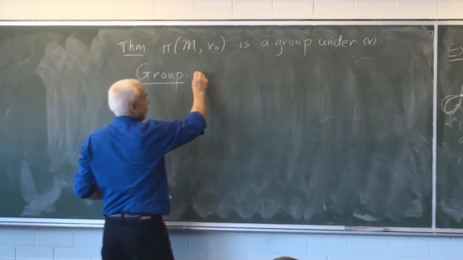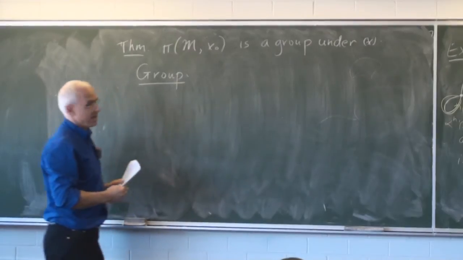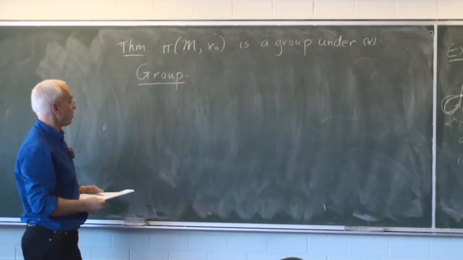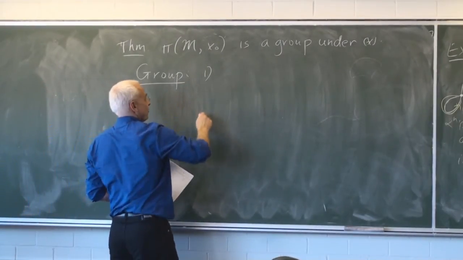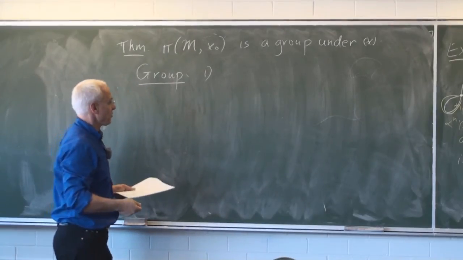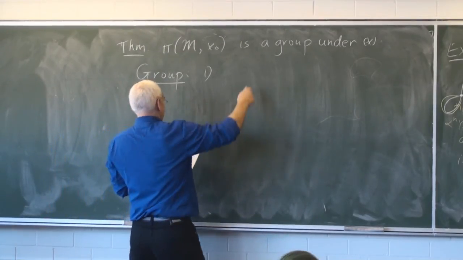Well, a group means that you have a multiplication on a framework of things, and this multiplication should satisfy three different things.